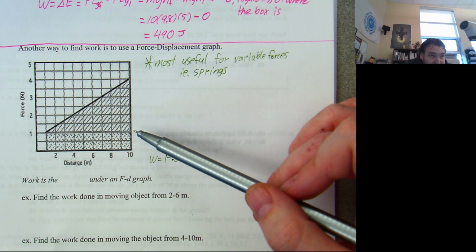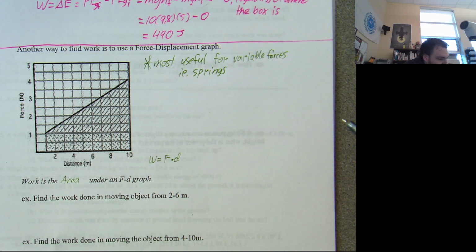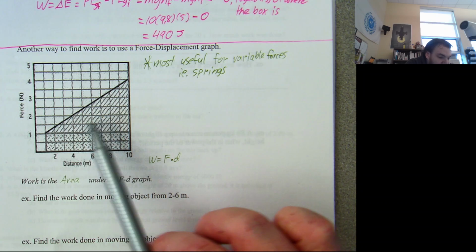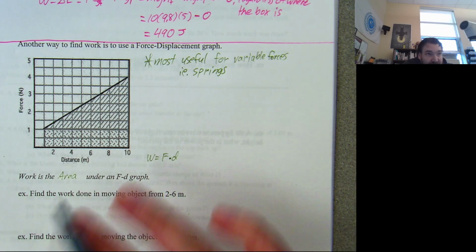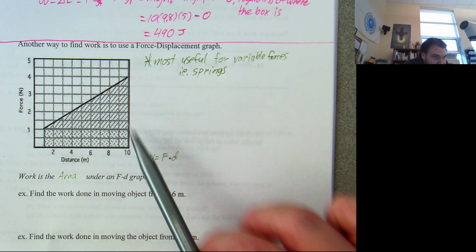Yeah, I'm finding the area, you bet. So the area on a force displacement or force distance graph is the work done for any given chunk of this graph.